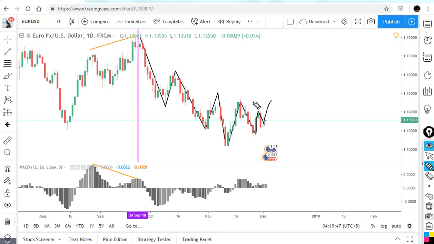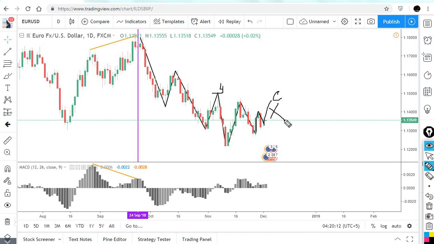So if C does not exceed the fourth correction, then this C wave is not valid, because there are rules per rules. If you follow a rule after a wave, another rule, then you will go on with very wonderful expectations, and these expectations will give you so many pips in your trading account.